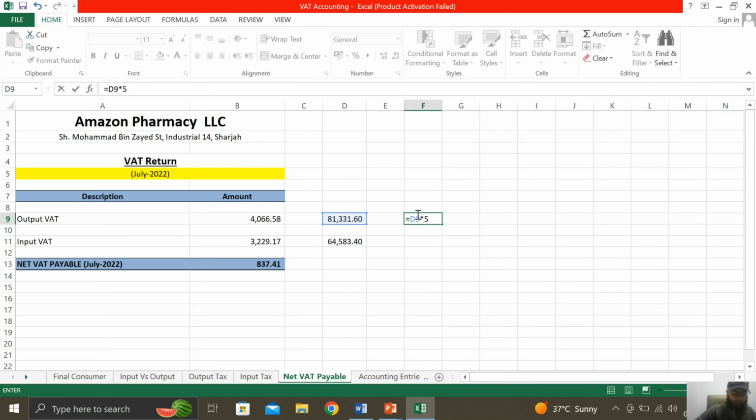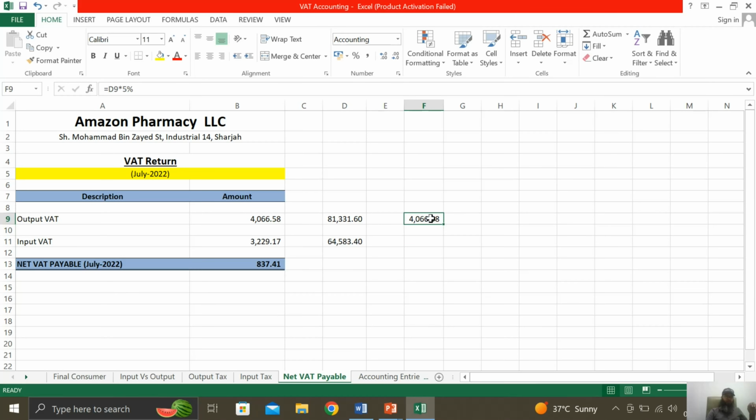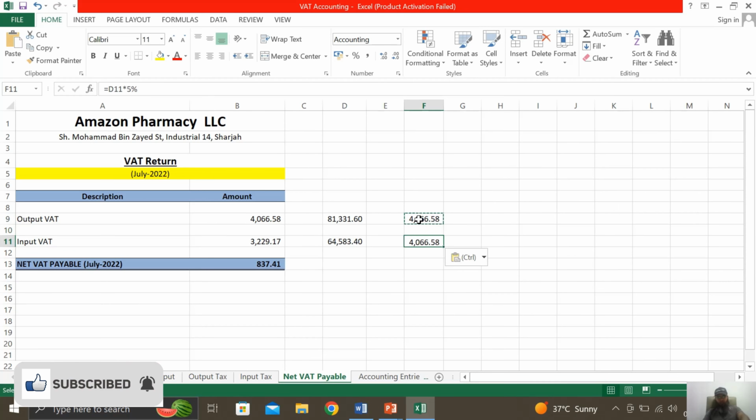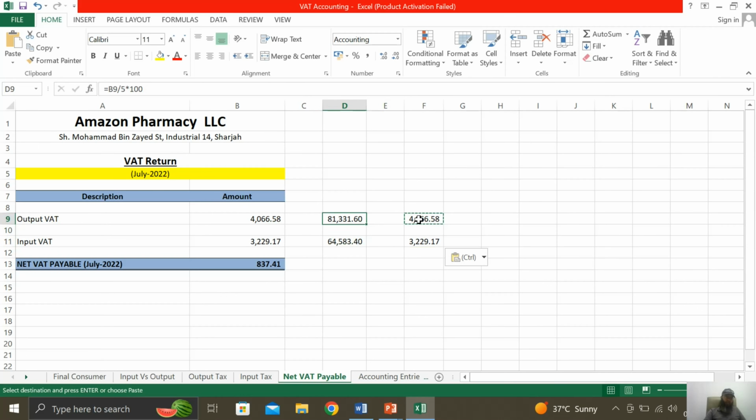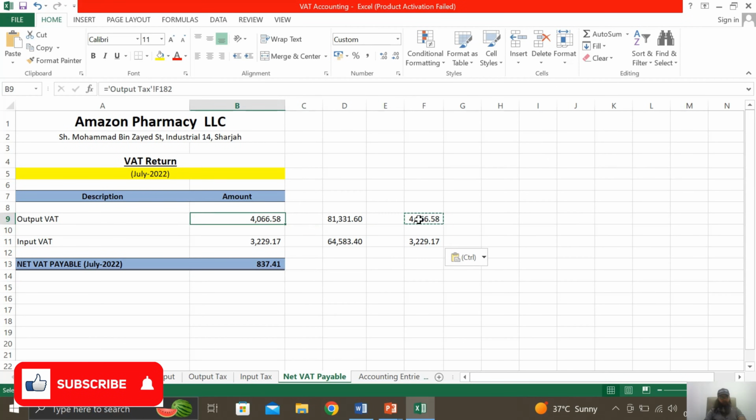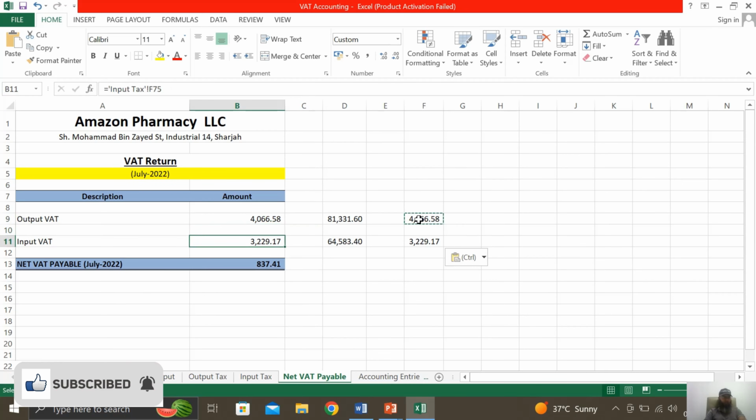See, it is giving the same amount as here. This is just to double check that you have calculated the figure correctly. You just calculate 5% VAT on these purchase and sales figures. Like this you can get the figure of the purchases and sales on which you have collected or paid the VAT to the suppliers.